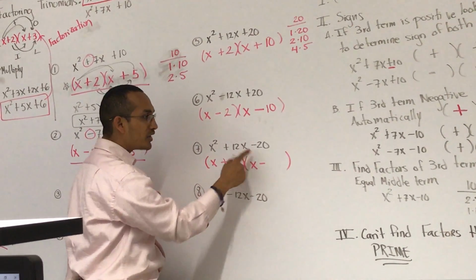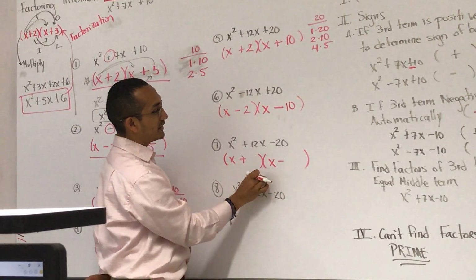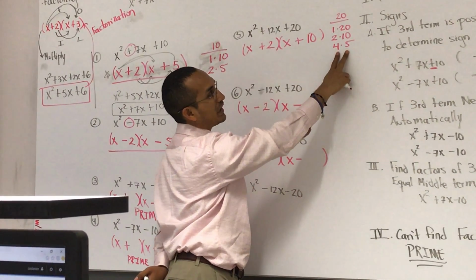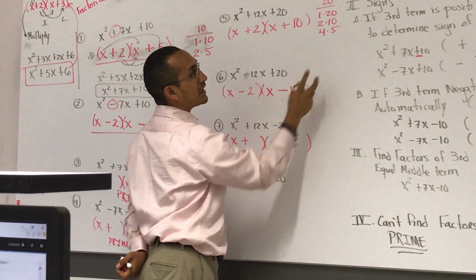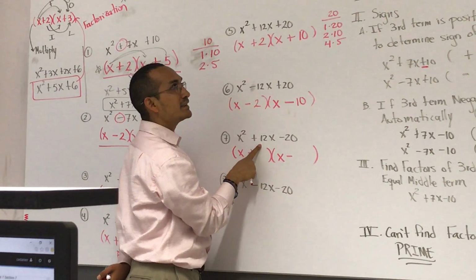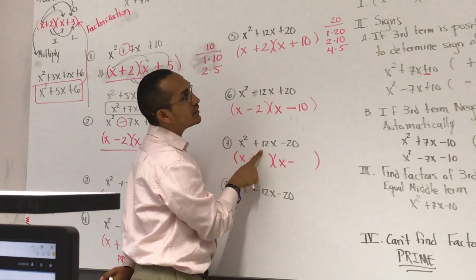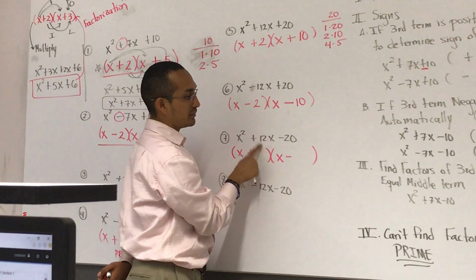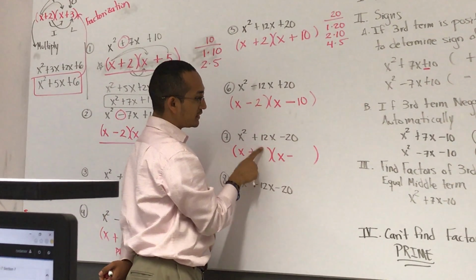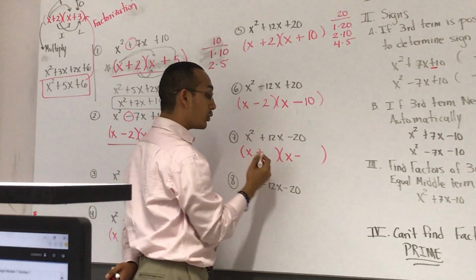Which of these guys, when subtracted, give me 12? So 4 and 5 will not give me 12 when I subtract them. 10 and 2, when I subtract them, on different signs, will not give me 12. 10 minus 2 gives me 8, and 2 minus 10 gives me negative 8. Doesn't give me that. And then 1 and 20 also does not give me 12. So it's prime.